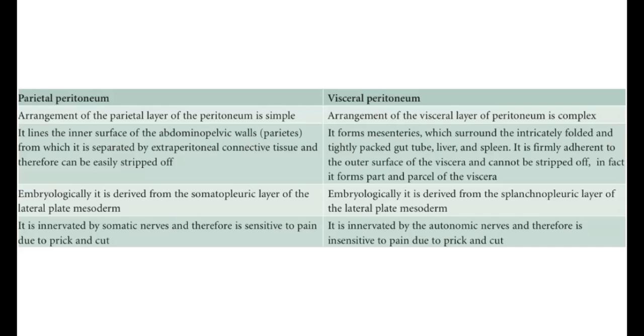Coming to the differences, the parietal peritoneum is very simple, whereas the arrangement of visceral peritoneum is complex. Parietal peritoneum lines the inner surface of the abdominopelvic walls, the parietes, just the walls. The visceral peritoneum forms mesenteries which surround the intricately folded and tightly packed gut tube, liver, spleen, firmly adherent to the outer surface of the viscera and cannot be stripped off.